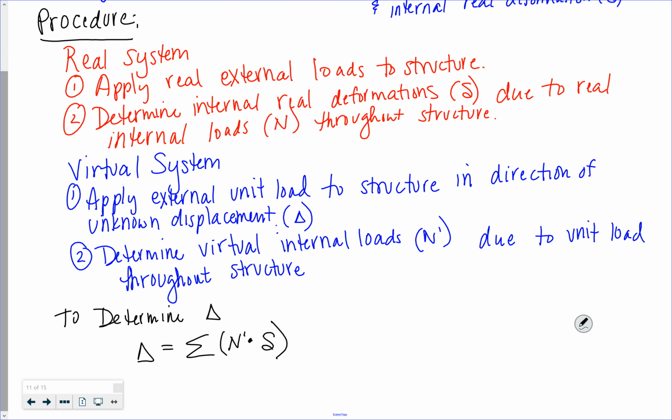And that is the basis for how virtual work works.